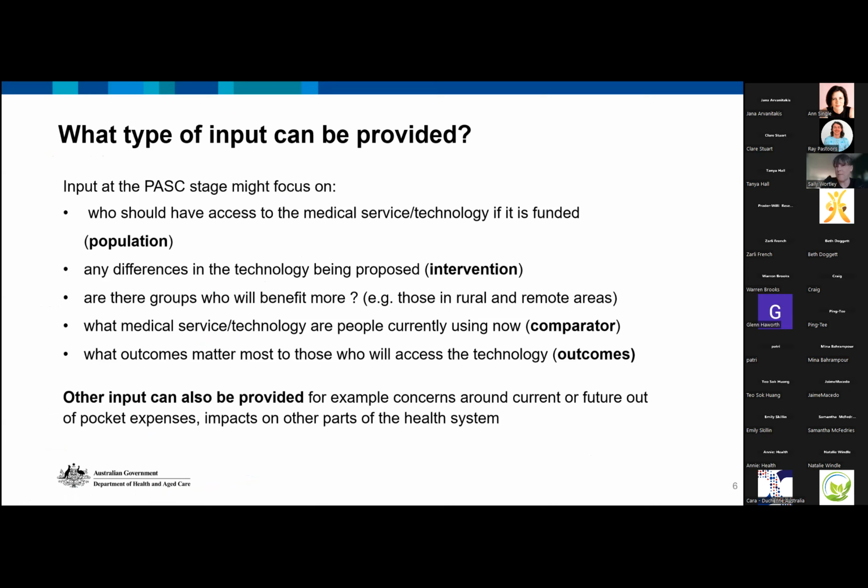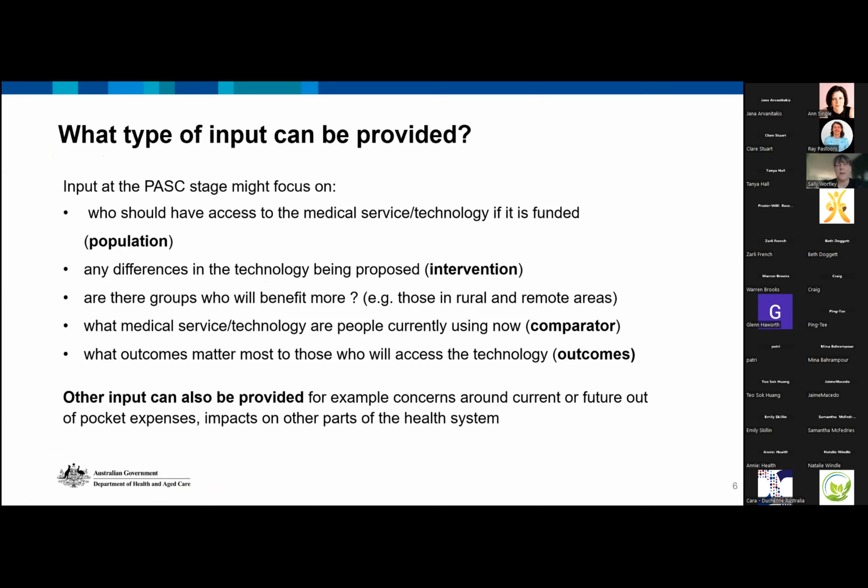So what type of input can be provided at the PASC stage? Because it is focused on those PICO elements, so about the population, the intervention, the comparator, and the outcomes, it's worth thinking about what information can be provided at this stage that will look at those questions.